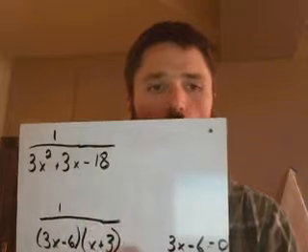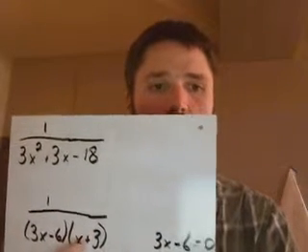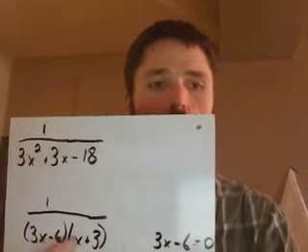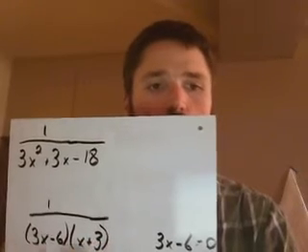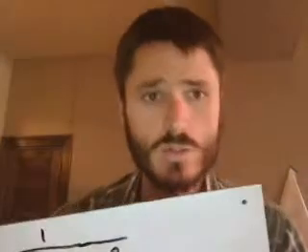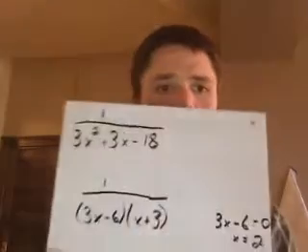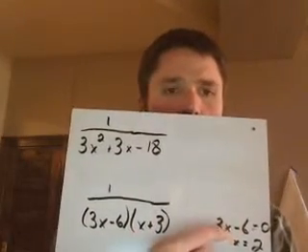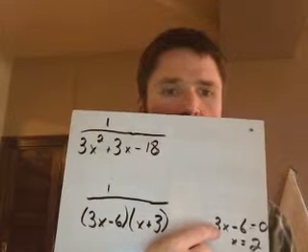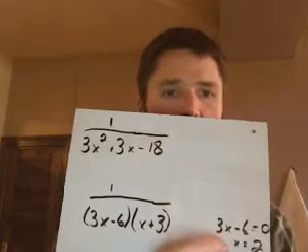Well, how is this helpful for me? Now I can truly see that when this equals 0 or when this equals 0, the whole thing will be 0, because 0 times anything is just 0. So I broke it into parts. I have 3x minus 6 equal to 0, and that would mean that x is equal to 2.